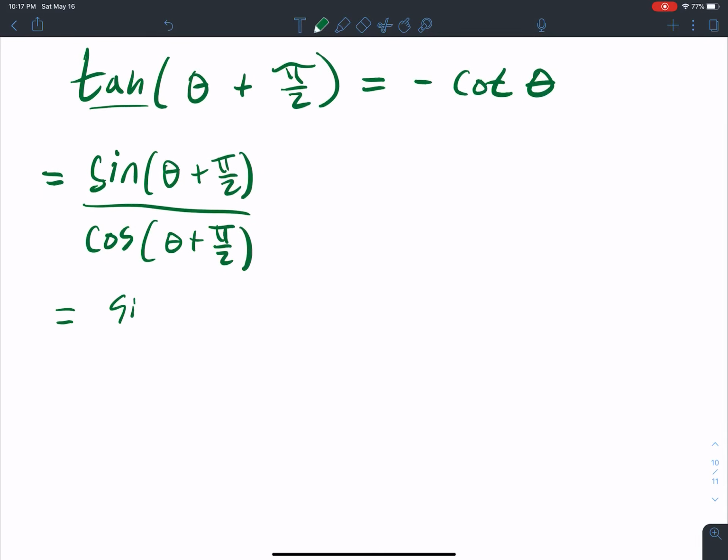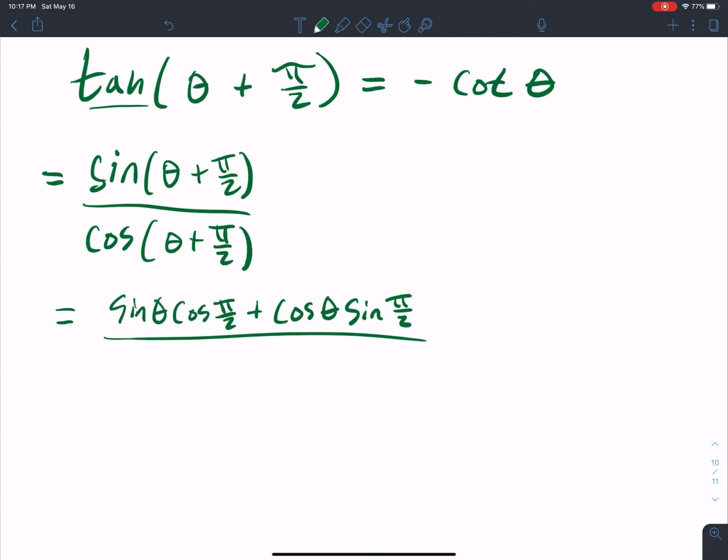This is the sine of theta times the cosine of pi over 2 plus the cosine of theta times the sine of pi over 2, over cosine theta cosine pi over 2 minus sine theta sine pi over 2.